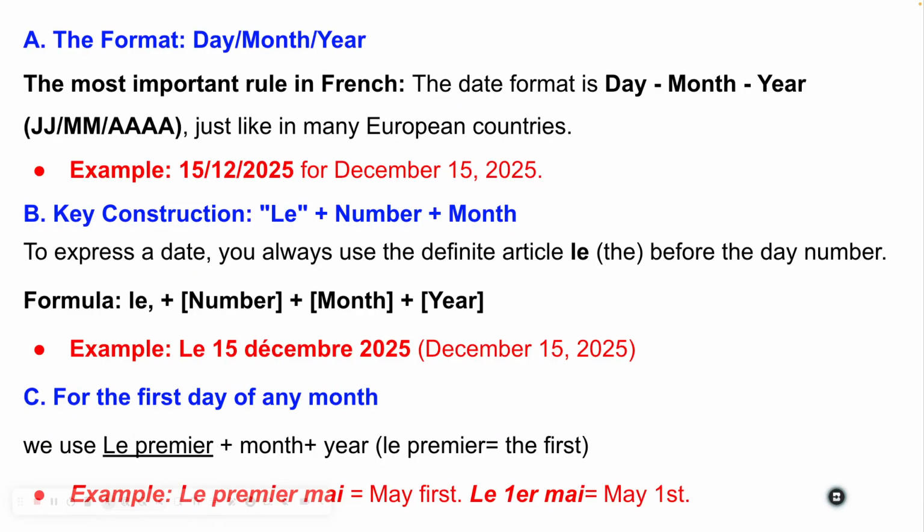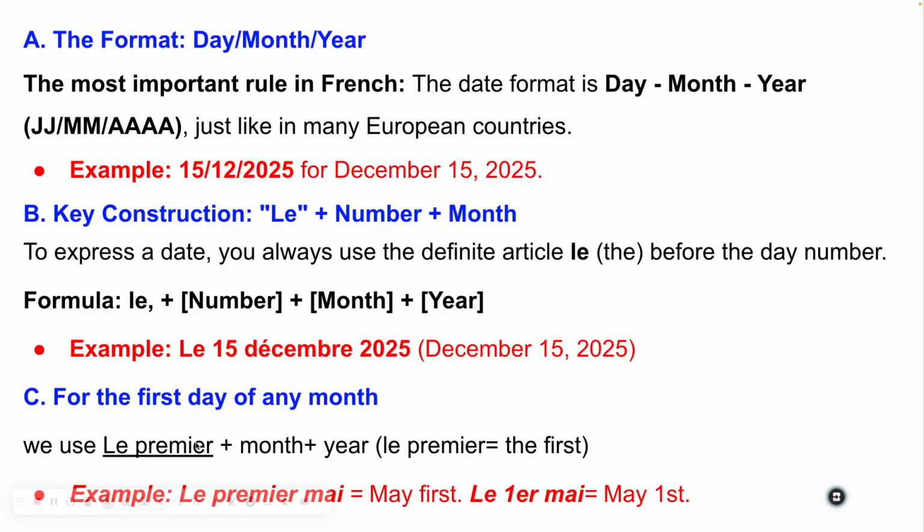Then the other option is when it comes to the first day of the month. In English, we say the first, or January 1st, or April 1st. First in French is le premier. You cannot say le un, which is number one, that's wrong.